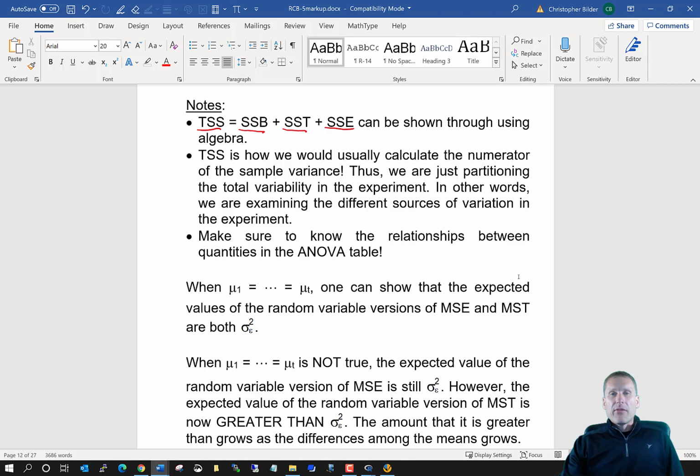Now, if we wouldn't have taken into account the block, and if we would have analyzed this as a regular old completely randomized design, our SSE would have been the SSE from this RCB and the SSB from the RCB. Those two would have been added together. So from this, you can see that definitely SSE is going to be smaller than what it would have been with a completely randomized design. Okay.